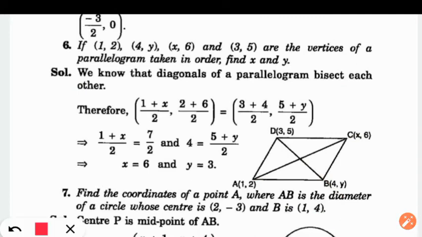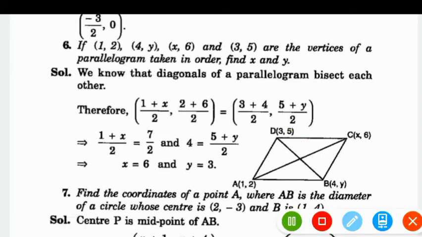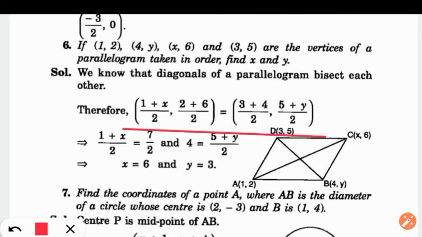Now what will be the midpoint of AC? AC: x plus 1 divided by 2, comma, 6 plus 2 divided by 2. Okay. Now what will be the midpoint of BD? 3 plus 4 divided by 2, y plus 5 divided by 2. Since the diagonals bisect each other, the midpoints must be equal.